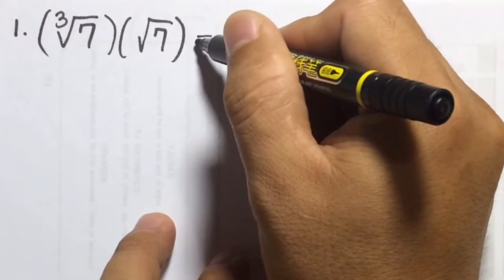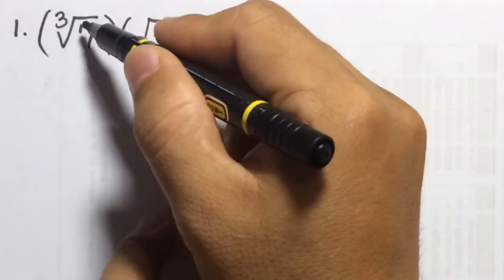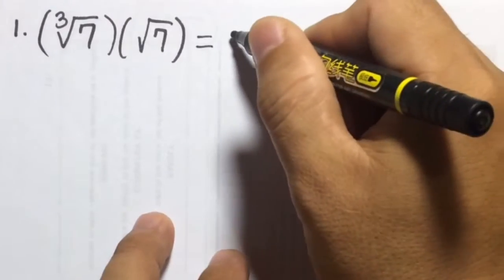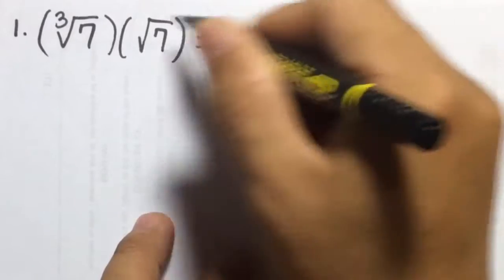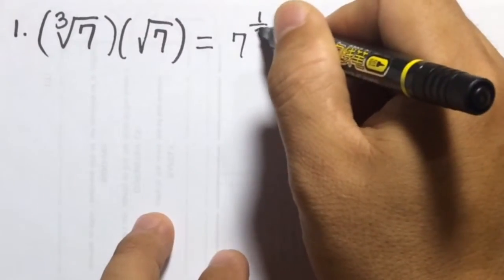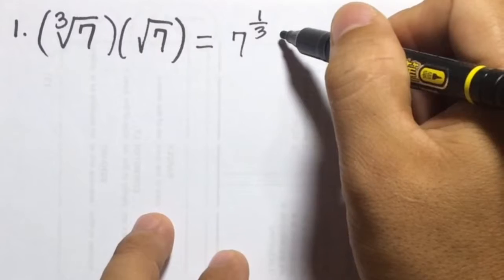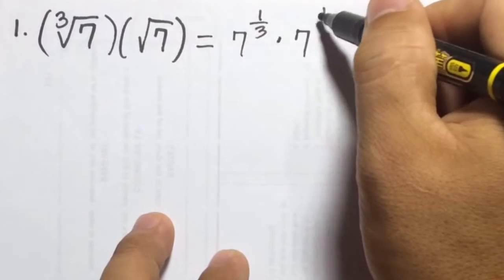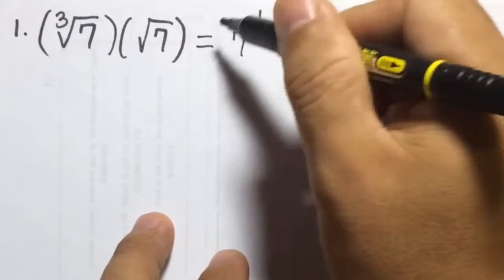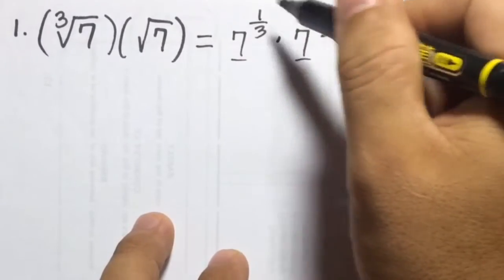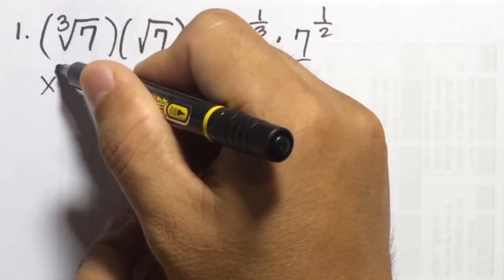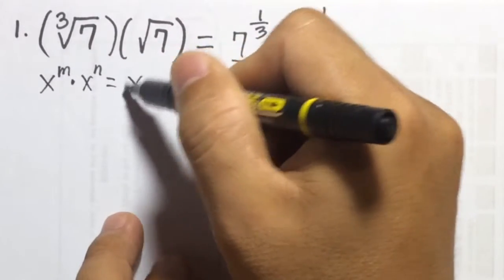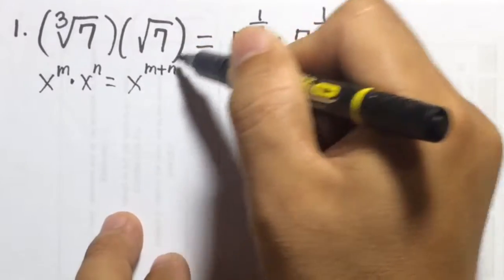So in order to make the two the same, you're going to express this one in exponential form. So cube root of 7, that will be 7 to the power of 1/3. And this one is times 7 to the power of 1/2. But in this example, they have the same base, so we can just apply x to the power of m times x to the power of n is equal to x to the power of m plus n.